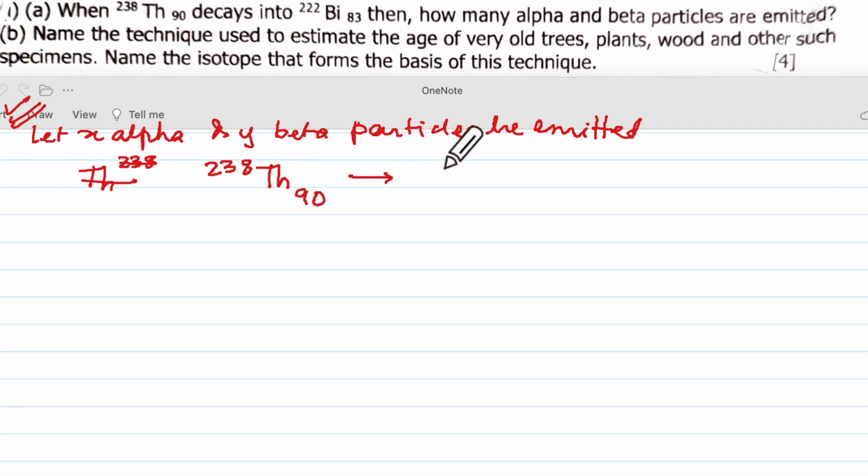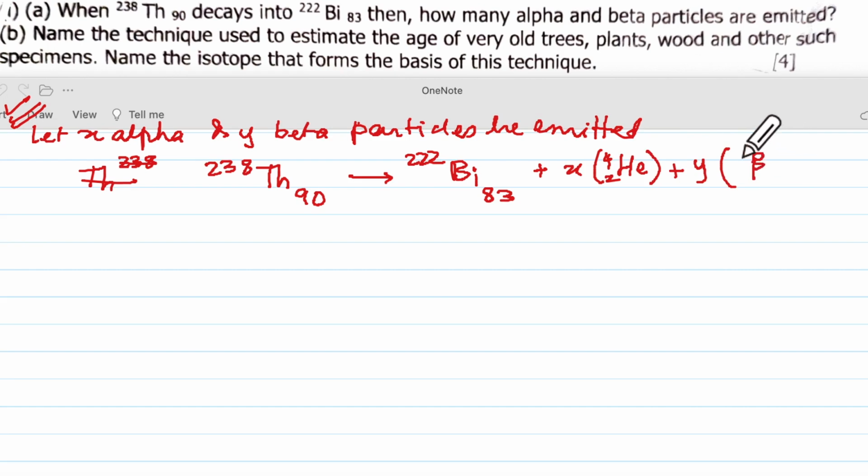Okay, it is going to become bismuth 222 and 83. Okay, now X alpha particles means alpha will be helium 4 2, plus Y beta particles means beta 0 minus 1. Up to here everybody should have no problem.